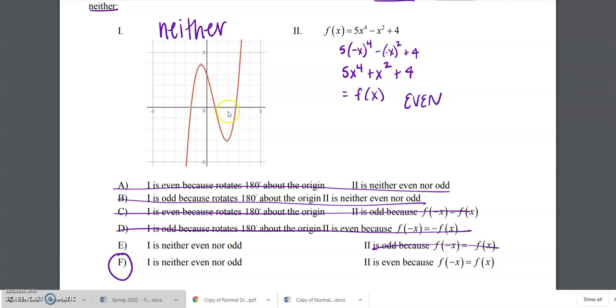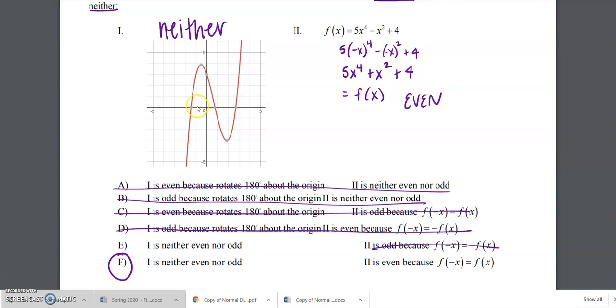In order for a graph like this to be odd, it must be symmetric around the origin. Basically, when you say something is symmetric around the origin, it means that you can take a coordinate, for example, this coordinate right here, and if you reverse the x and the y, you should get another point that lies on this graph.